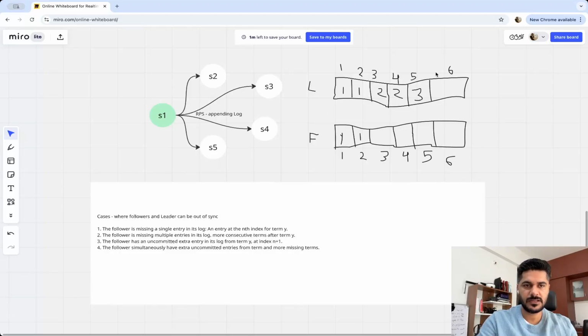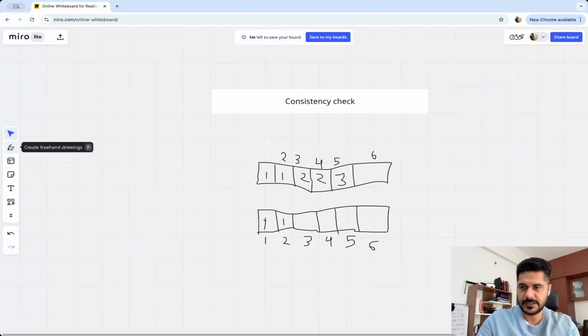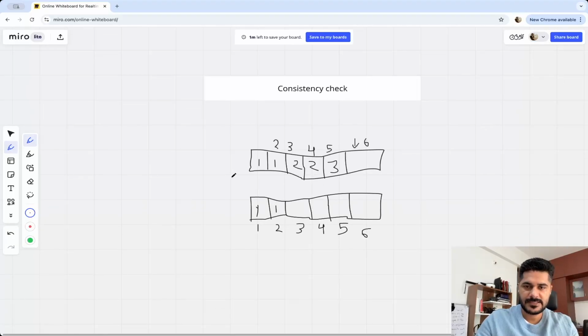So it will assume that the next index for S3 is 6, because the leader still has the value there. It normally goes ahead with that assumption. With this next index, it will send the append logs request, basically a remote procedure call, from your leader to the follower, right?